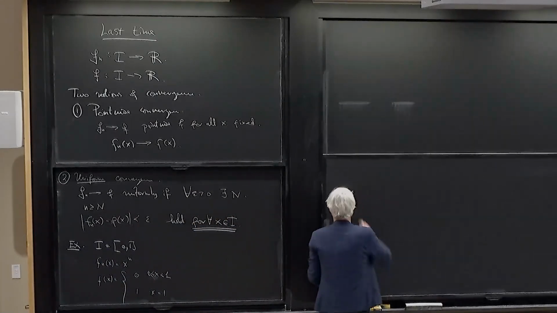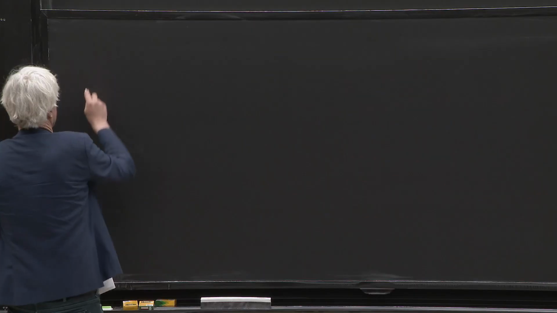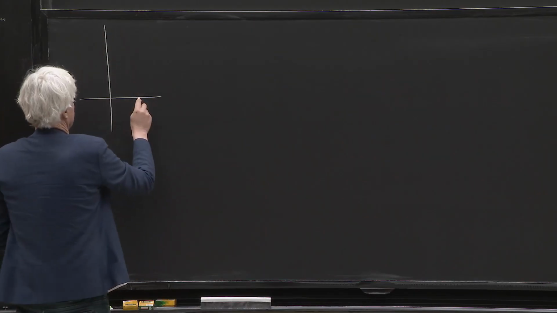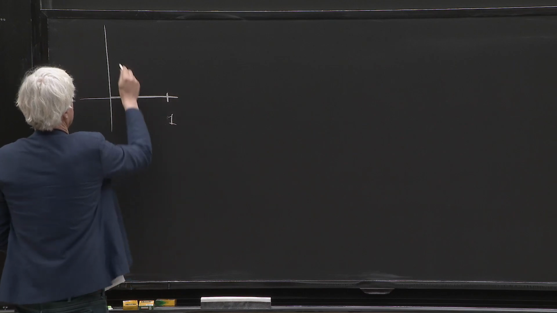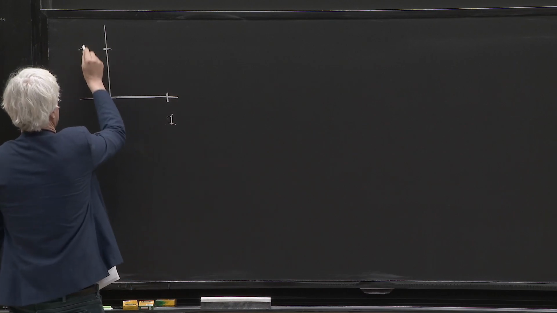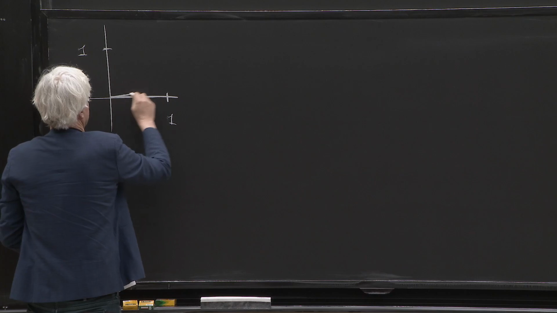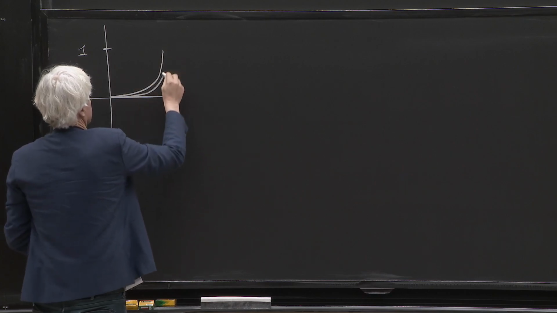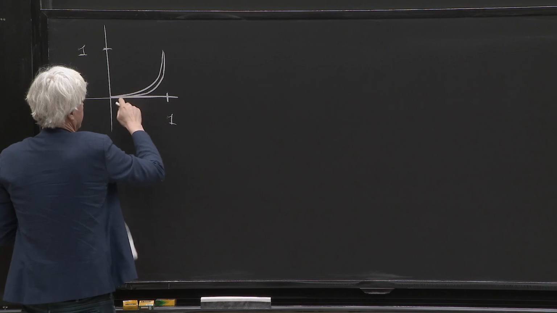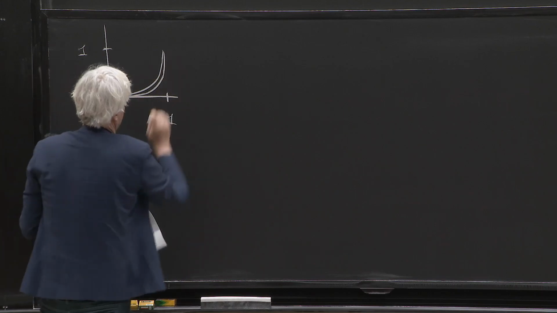Right, so the picture was that you have this sequence defined on the interval from 0 to 1. They all end up at 1. And then as n becomes larger and larger, these functions become more and more steep towards 1.